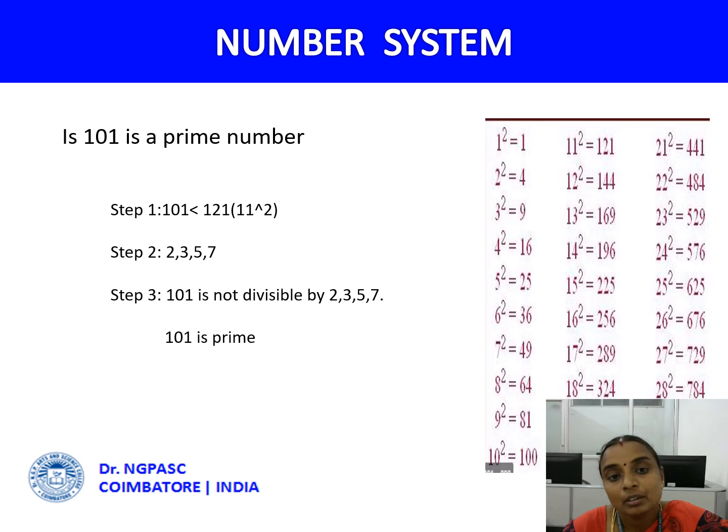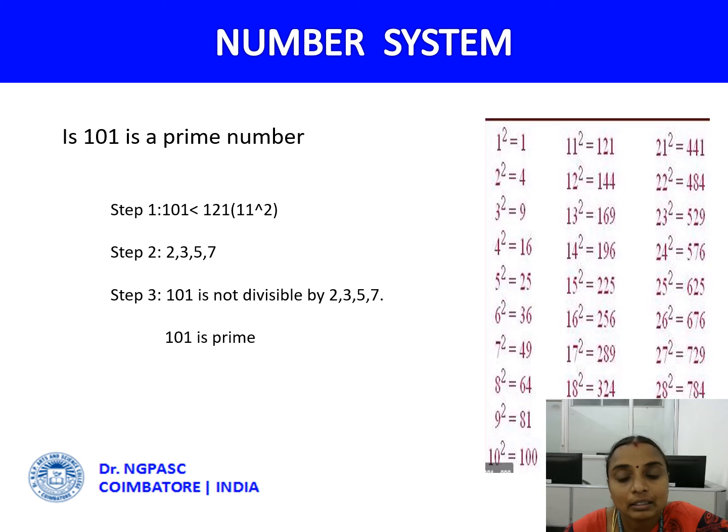I am asking the question here: is 101 a prime number or not? This is an easy question. Step 1: for 101, if you see the square table, 101 lies between 100 and 121, that is 10 square and 11 square.